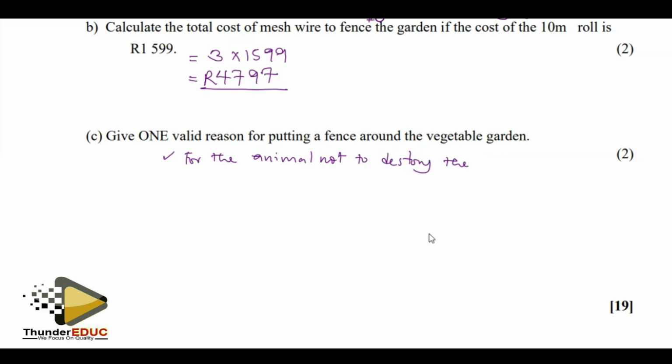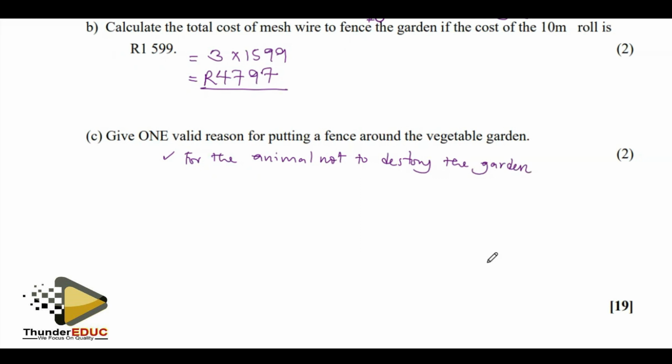If you have animals at home, you protect the vegetable garden from those animals. So by putting a fence, the livestock do not destroy the garden.